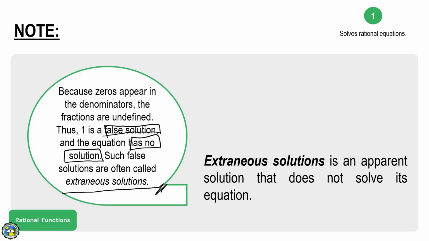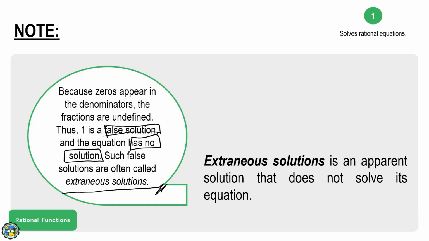But always remember to double check, because maybe we just made a mistake in the process, and there is actually a real or defined solution. So always check first, always double check, always see to it that the process is correct. But, false solutions are often called extraneous solutions.